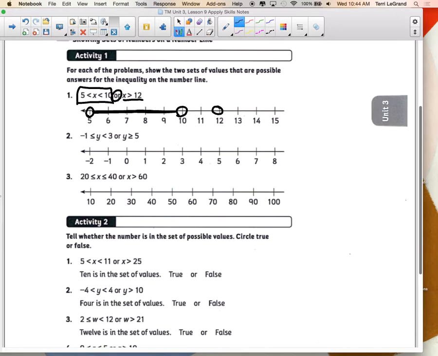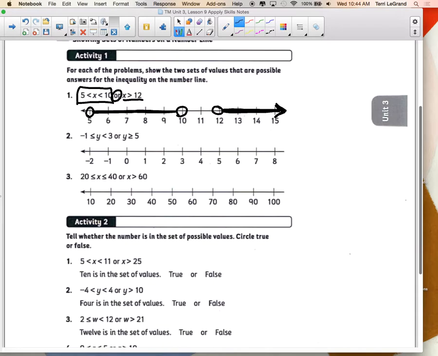Left? Right? Right. To the right. The number is greater than 12, go this direction, and we're going to stick a shaded in arrow at the end of it also. Okay. So now basically any number between 5 and 10, and any number bigger than 12 gets to be considered a member of this solution set, this set of values.